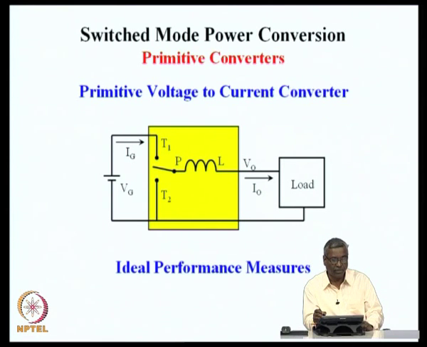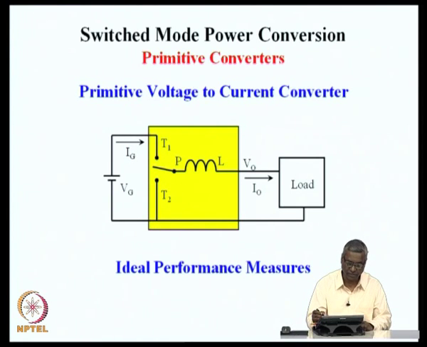So, we have only two elements in the power converter, switch and an inductor. The inductor is an ideal inductor, the switches are all ideal, and the operation of the switch is also following the ideal measures. That is, the time taken for the switch to shift from on state to off state is 0, and the power losses associated with conduction as well as switching are all 0.